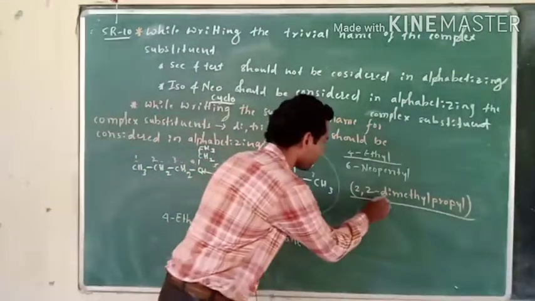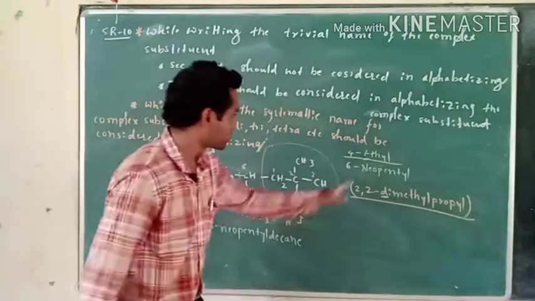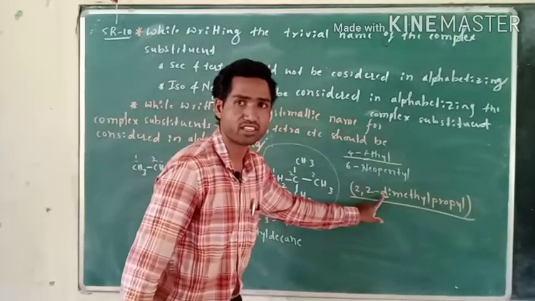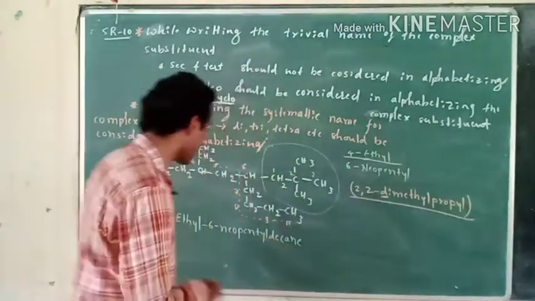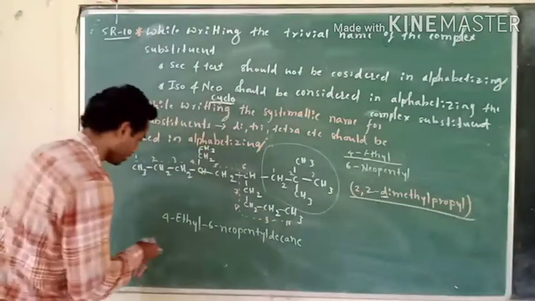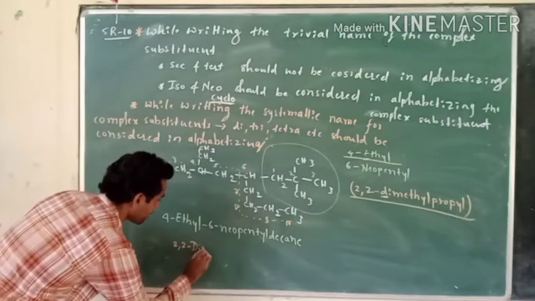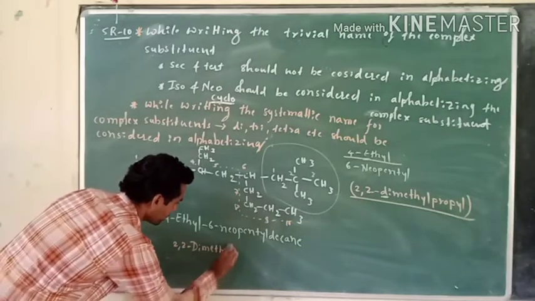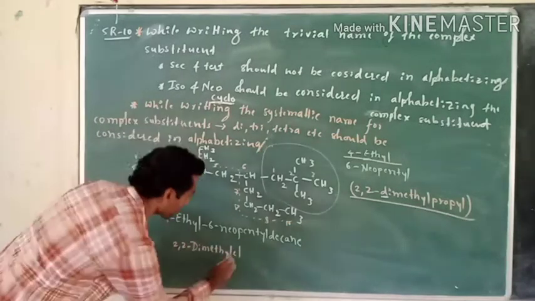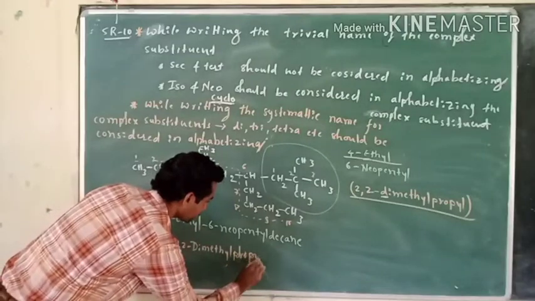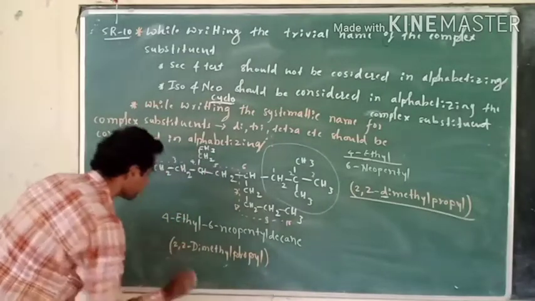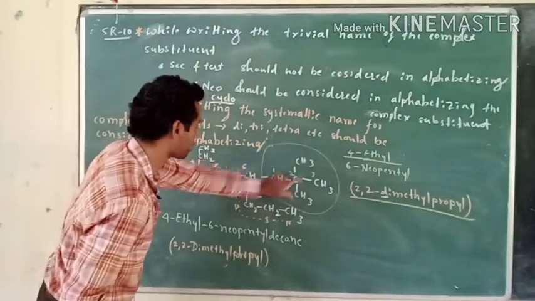Therefore D is the first letter of this substituent. So therefore E, D, which comes first? D comes first. Therefore I have to write 2,2-dimethylpropyl. So this is the systematic name of this substituent.